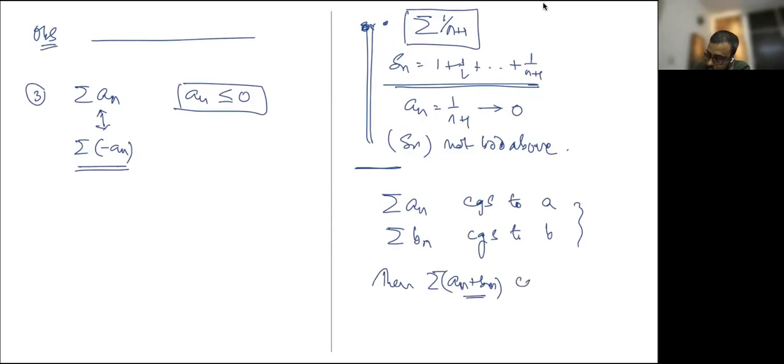So then this will also converge, and this will converge to A plus B. This would follow from the corresponding property of sequences. The nth partial sum of this would be the nth partial sum of the first series plus the nth partial sum of the second series. So it would just follow from that. So that's one basic property that you can immediately get from that of sequences.